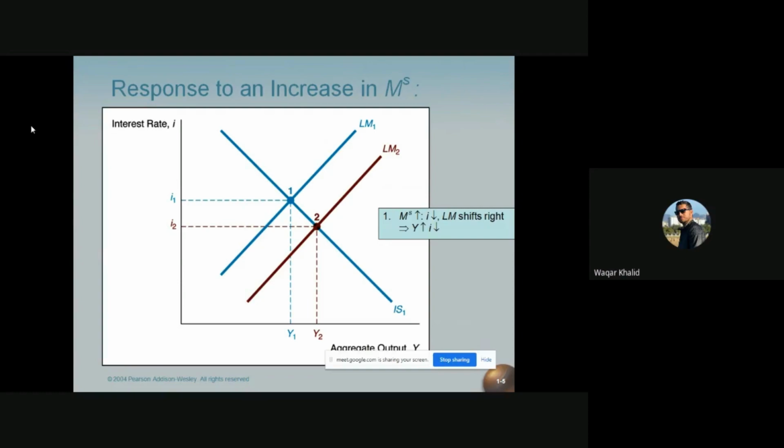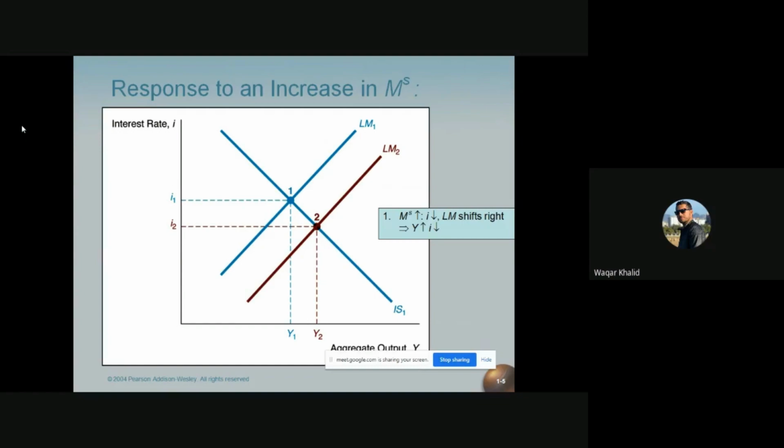Now suppose that at the resulting level of aggregate output Y1, the economy is suffering from an unemployment rate of 10%. For example, at this equilibrium level of output, Y1, the particular economy is suffering from an unemployment rate of 10%.